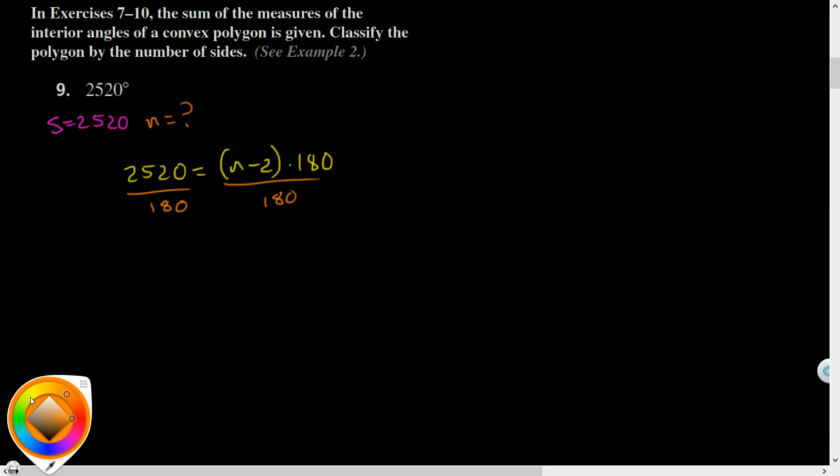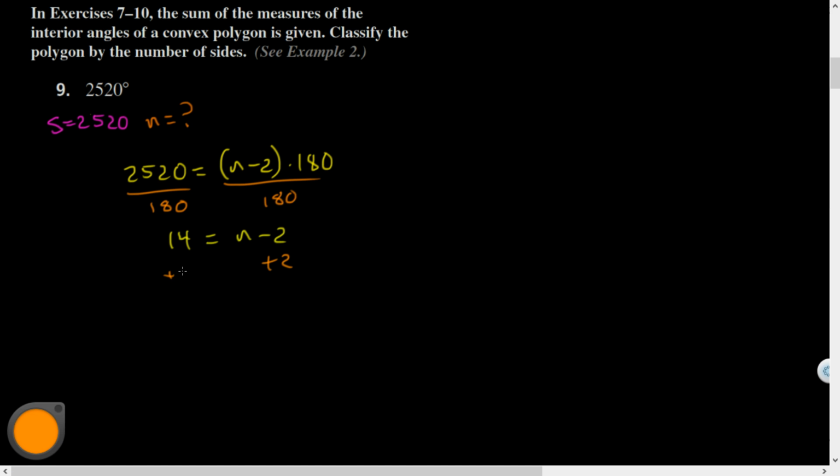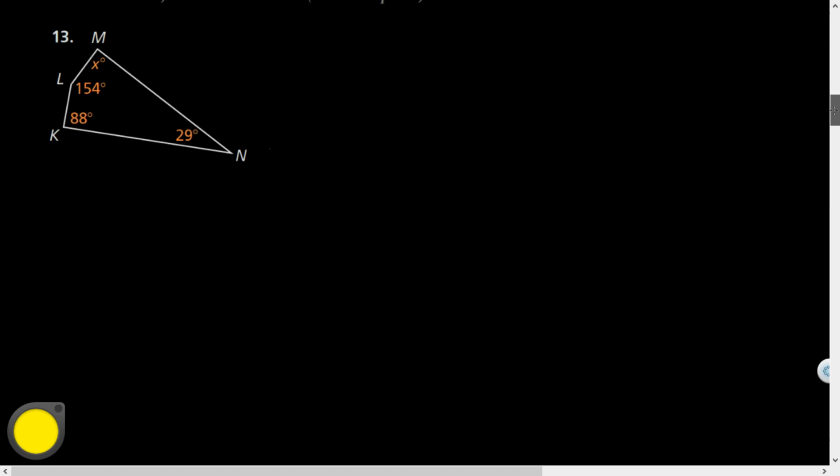That is not the number of sides yet. So 14 is equal to n minus 2. And then to solve for n, I'll add 2 to both sides. And I get n is equal to 16. So that means that this is a 16-sided polygon that would have the sum of its interior angles 2520.